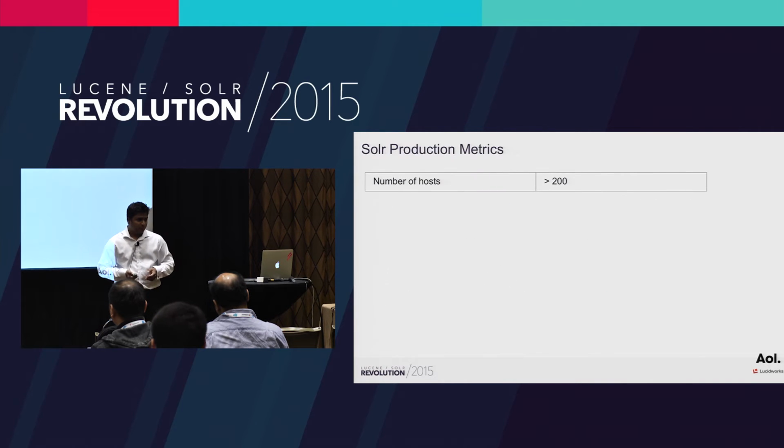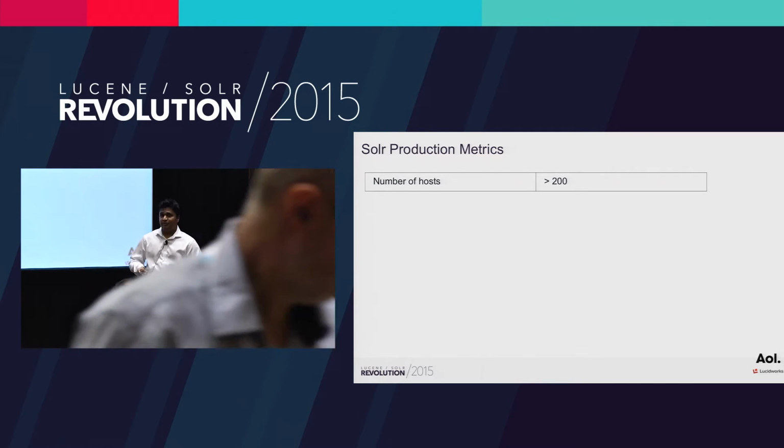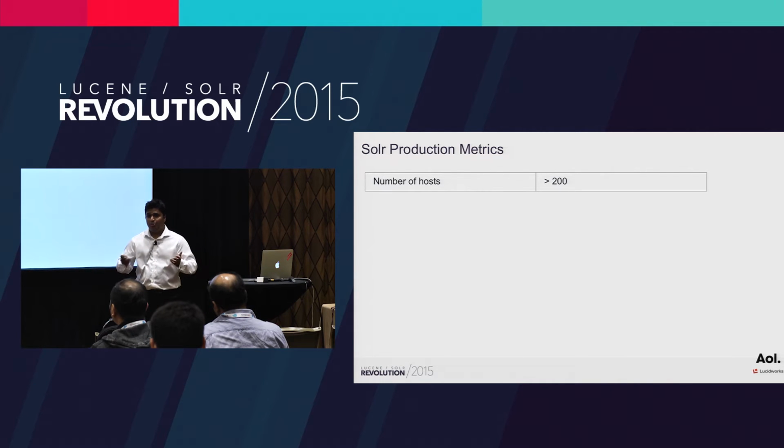So just to give a concept of the scale and the way we are running, this is a number today. We have over 200 physical hosts, physical beefy boxes that are running, and over 3,000 Solr JVM instances that run in production for us.